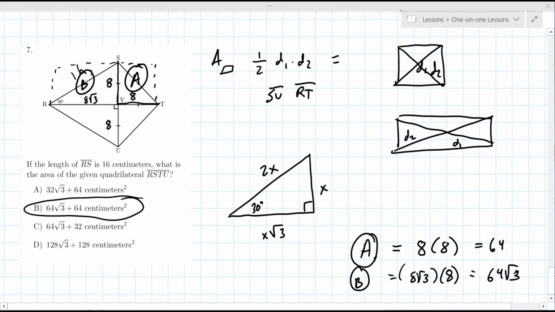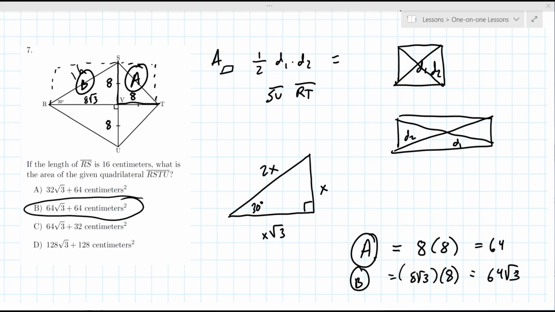Okay. Let's do another one like that. Question 25. All right.